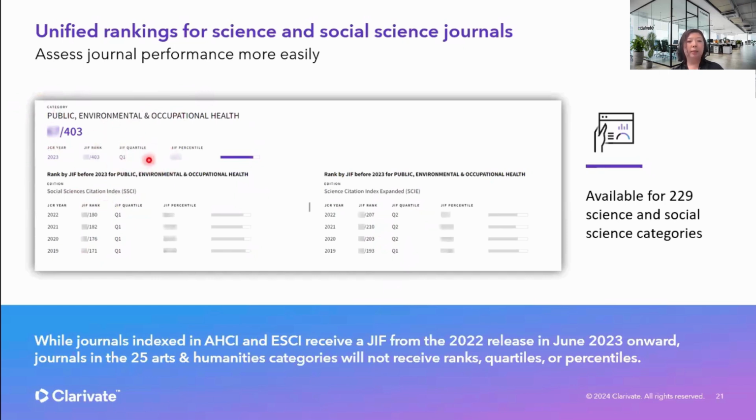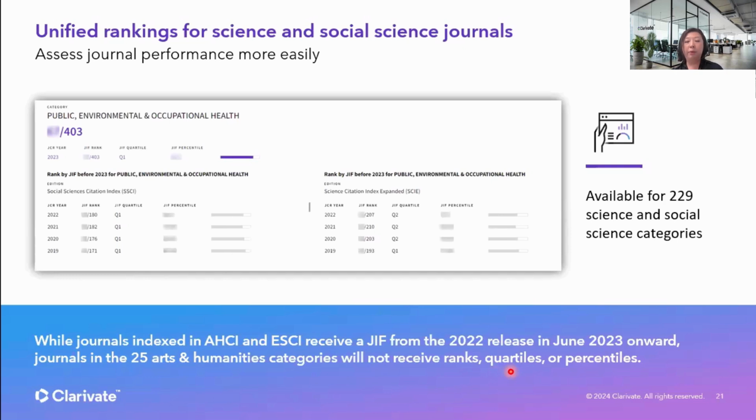All right. There are certain subject categories, actually about 25 of them, that are pure arts and humanities categories. Now, these journals will not be receiving a rank or quartile, mainly because pure arts and humanities journals tend to have very minuscule differentiators in terms of the journal impact factor.